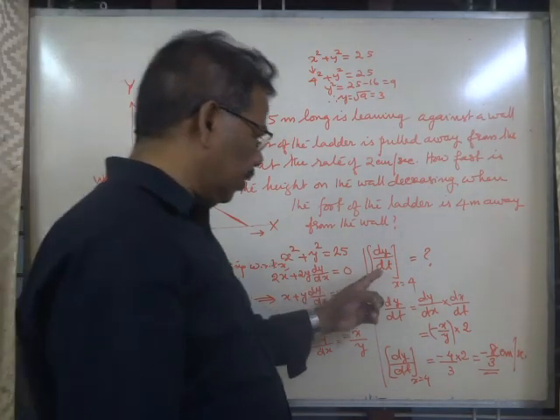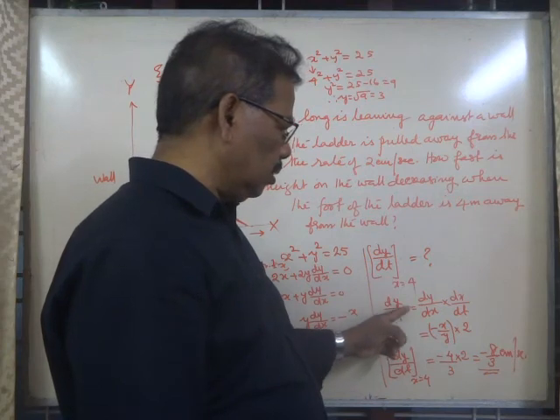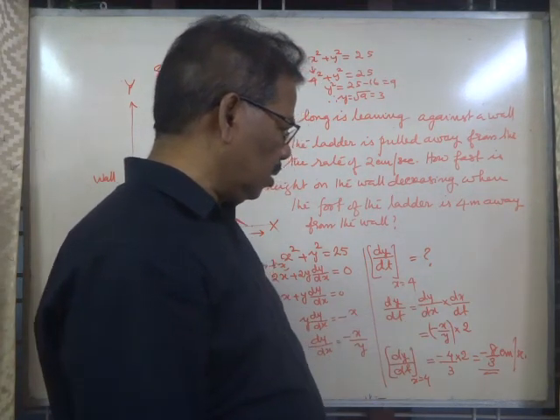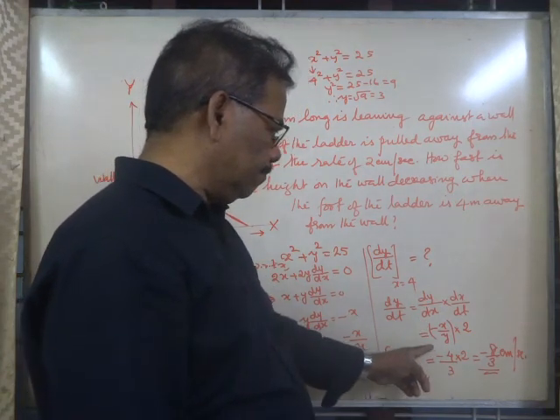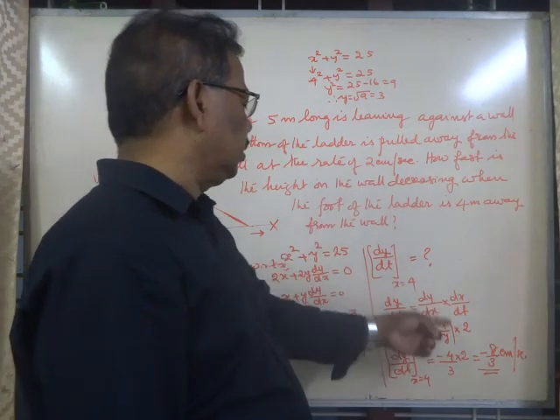We shall find out what is dy by dt. Dy by dt is dy by dx multiplied by dx by dt. Dy by dx is calculated to be negative of x by y. And dx by dt is given to be 2 centimeter per second.